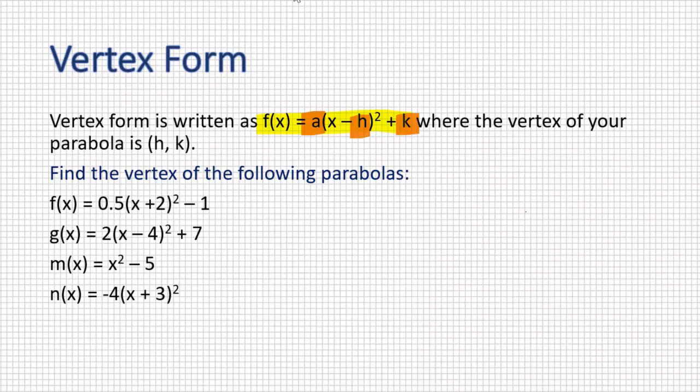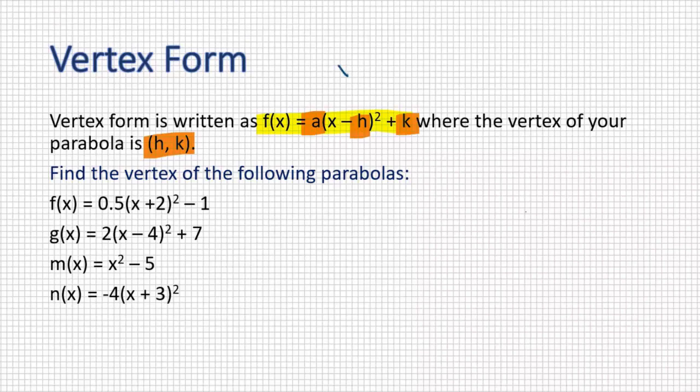So the vertex of a parabola, if the function is written in vertex form, is the point (h, k). Of course, we know that this is a quadratic function because the highest power that x is raised to is 2.